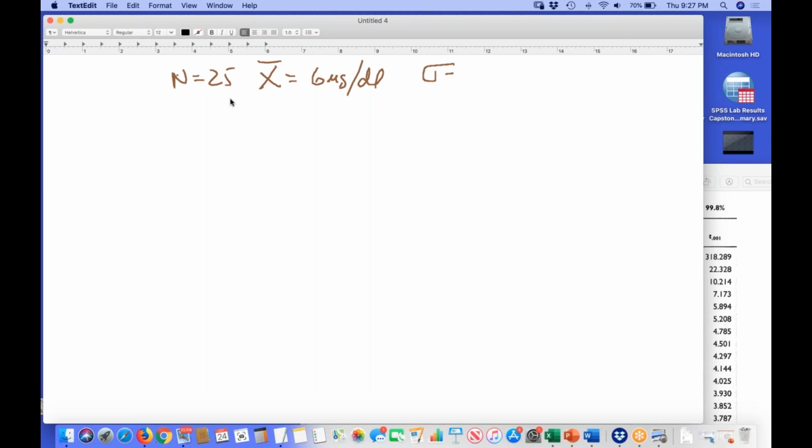Now, we know that the standard deviation, the variability in blood lead levels in the rest of the city, is let's say 5 micrograms per deciliter. That's the standard deviation for the rest of the city.